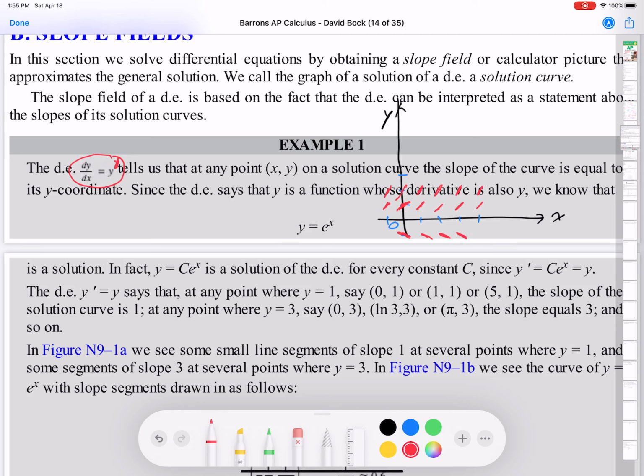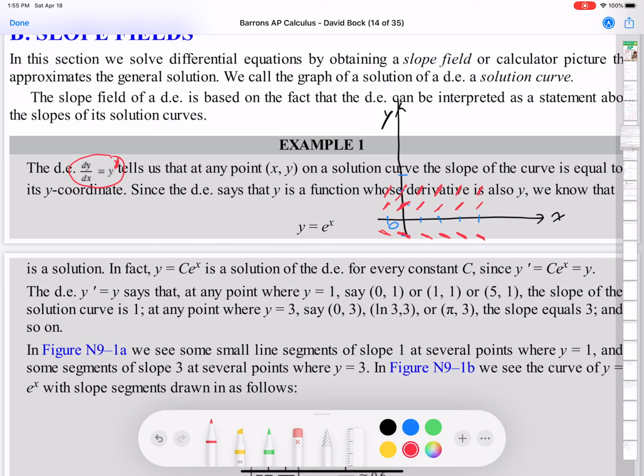That tiny line just looks like a -1, right? Anyway, if you keep drawing every single point, draw the tiny tangent lines using the slope from the given differential equation.